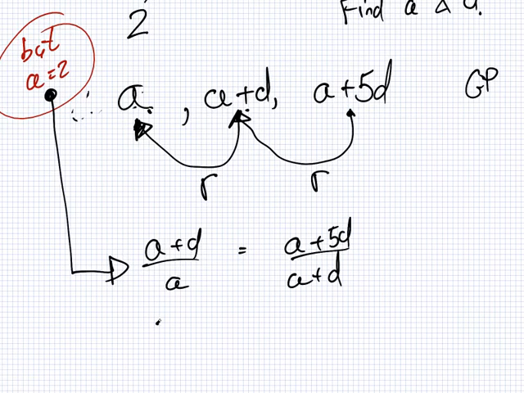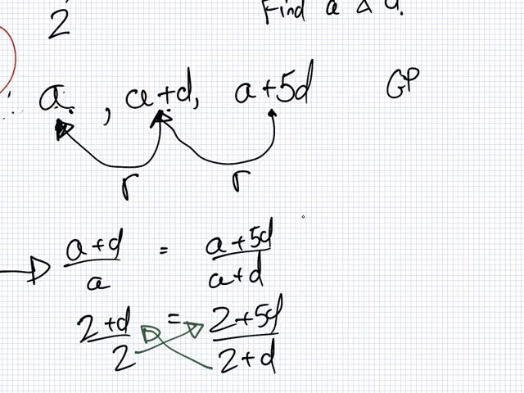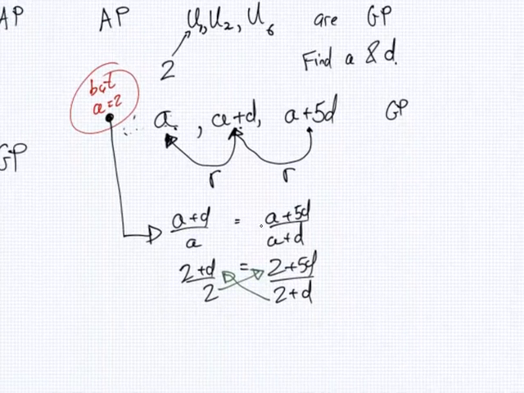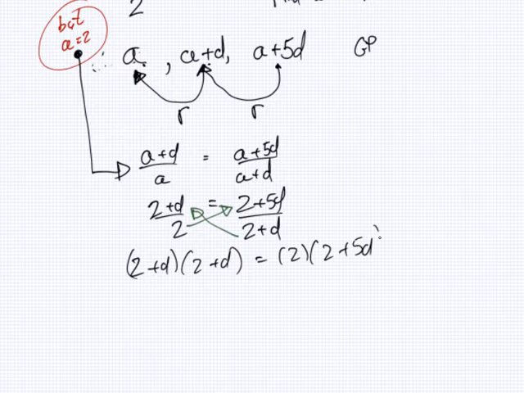So we get 2 plus D over 2 equals 2 plus 5D over 2 plus D. Now we can solve this for D. We'll cross multiply. So now we have 2 plus D times 2 plus D equals 2 times 2 plus 5D. This will be 4 plus 4D plus D squared equals 4 plus 10D.